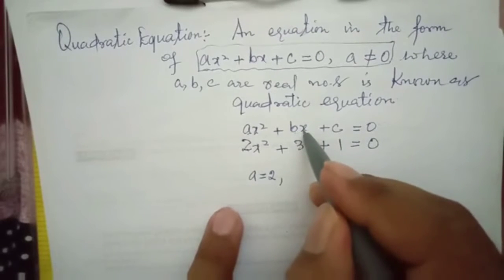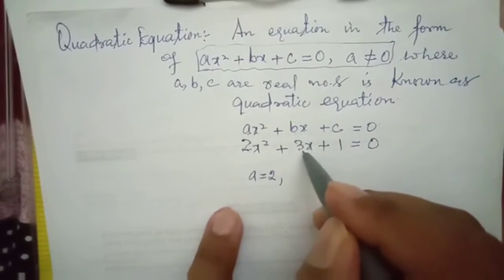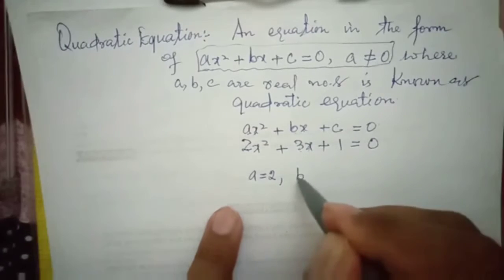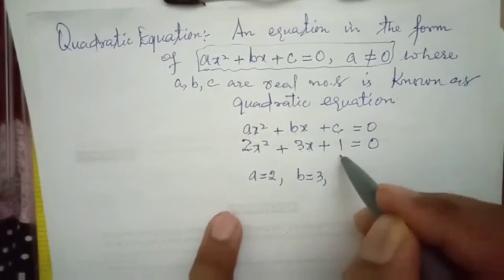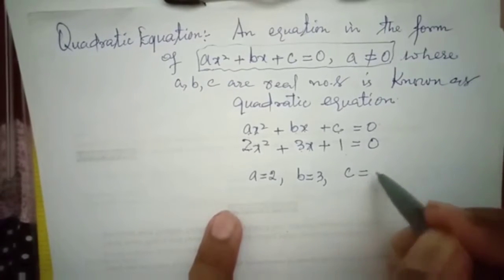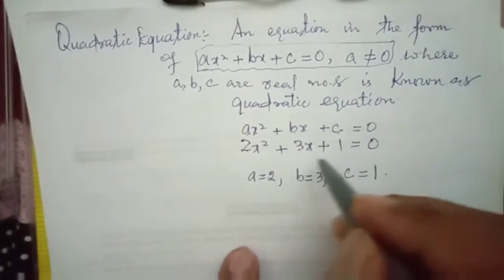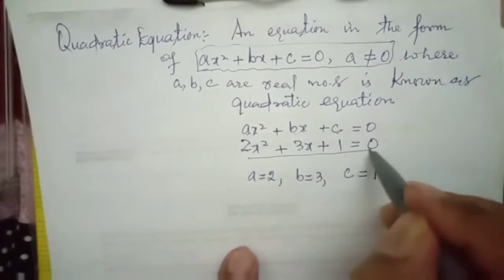B is the coefficient of x, so here 3 is the coefficient of x, I can write b is equal to 3. And c is the constant term, and here 1 is the constant term, I can write c is equal to 1. So yes, this is the quadratic equation.